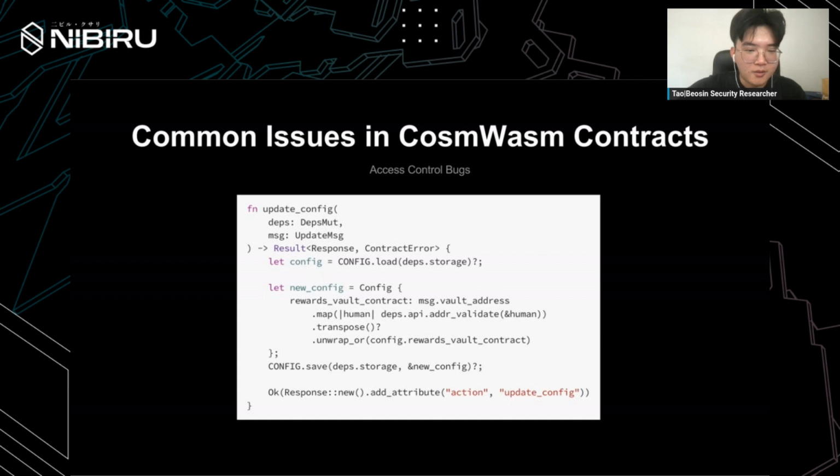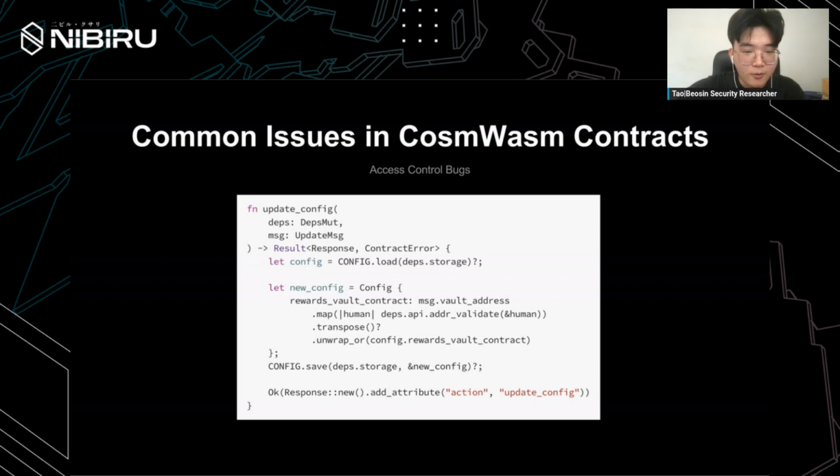You can see that this is an access control issue. The smart contract didn't restrict the addresses that can update the configuration.